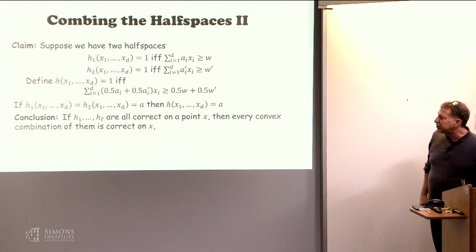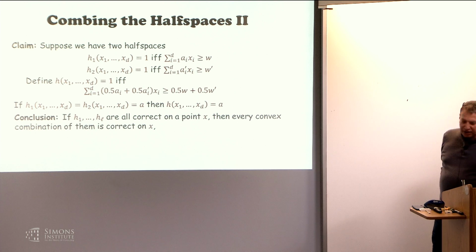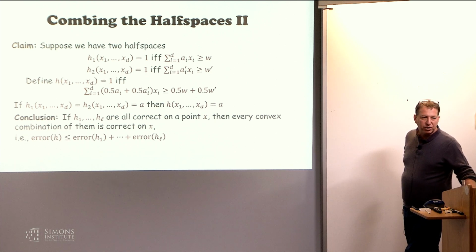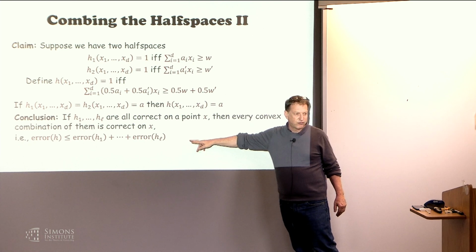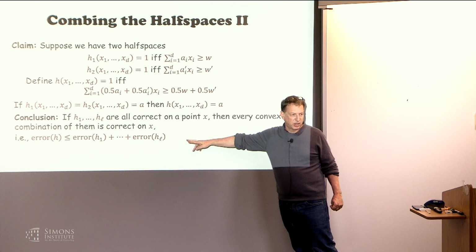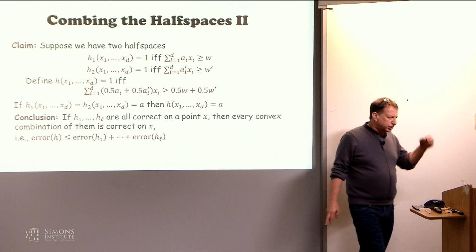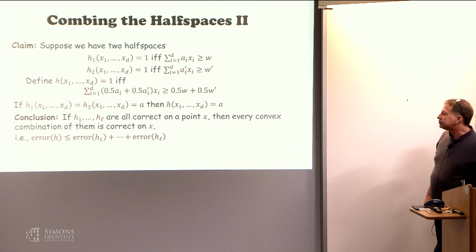So if H1 to HL are all correct on the point x, then every convex combination of these hypotheses is correct on x. In other words, if we take a convex combination, the error of the resulting hypothesis will be at most the sum of the errors of each hypothesis. So if we take all of them to have small error, the resulting H will have a small error, and this is the generalization error. So this is a reduction.